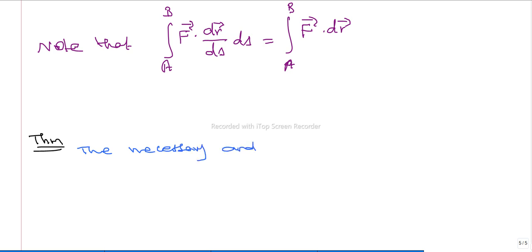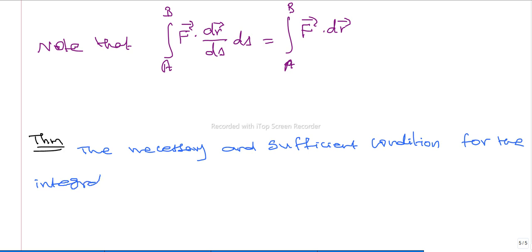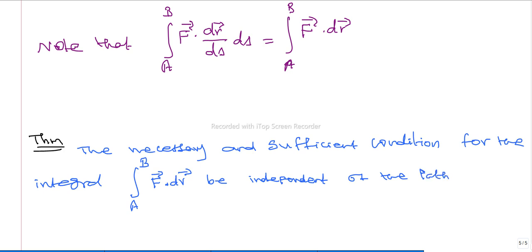Necessary and sufficient means if and only if. So the necessary and sufficient condition for the integral a to b of f vector dot dr vector to be independent of the path joining a and b is this.